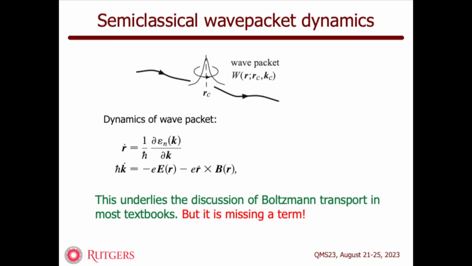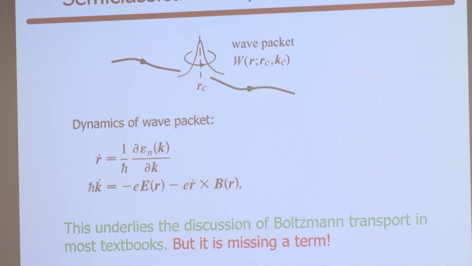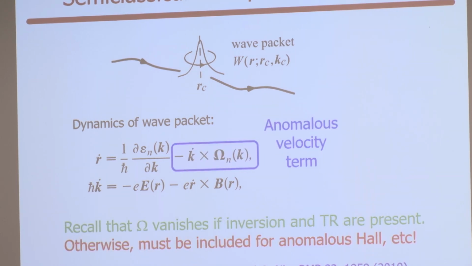It says that the position of the wave packet, time derivative, which is the velocity of the wave packet, is given by the group velocity. This is the group velocity, the derivative of the electron energy with respect to wave vector. And the wave vector changes in time according to the force applied, which is the electric and magnetic field, where the magnetic field acts on the group velocity. But there's a missing term in this, famously the anomalous velocity term.